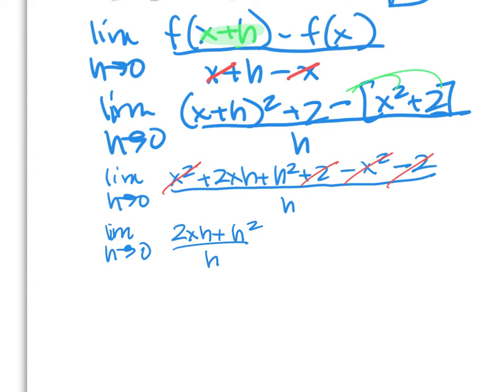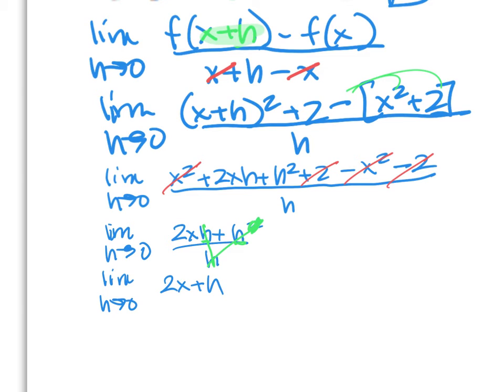At this point, we need an h in each term in order to do that simplifying. So what I end up with is the limit as h goes to 0 of 2x plus h.